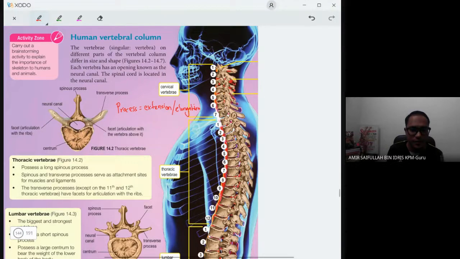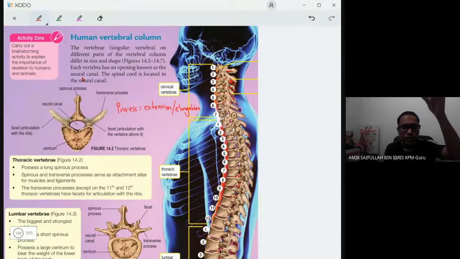Okay guys. Alright. So the vertebrae on the different part of the vertebral column are different in size and shape. Each vertebra has an opening known as a neural canal. Canal ni ialah terowong. It's like a long canal. Neural is neuron.